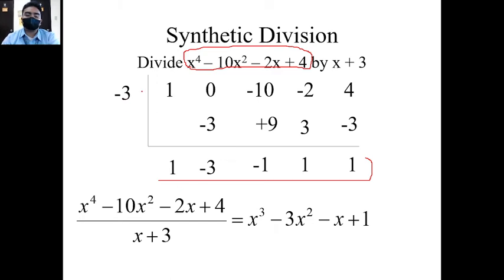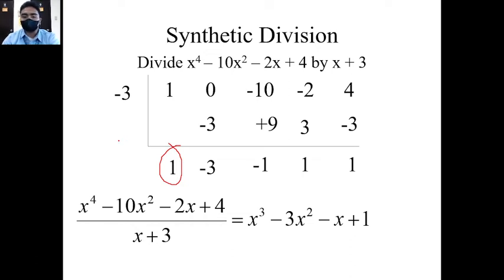You will notice, what is your highest degree? Your highest degree is raised to 4. So it is x raised to 4, isn't it? Correct. So what happens here is that the first coefficient that you have below, you're going to connect it with the following degree of your highest degree from the first part. So what's your highest degree?